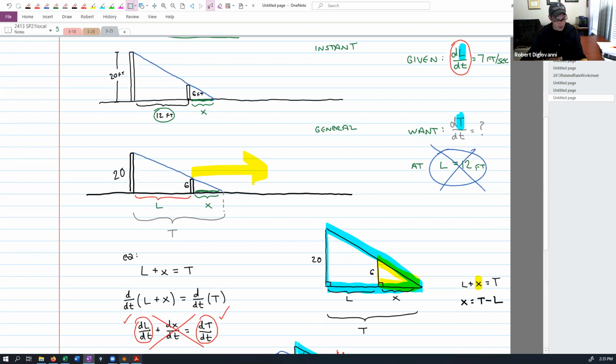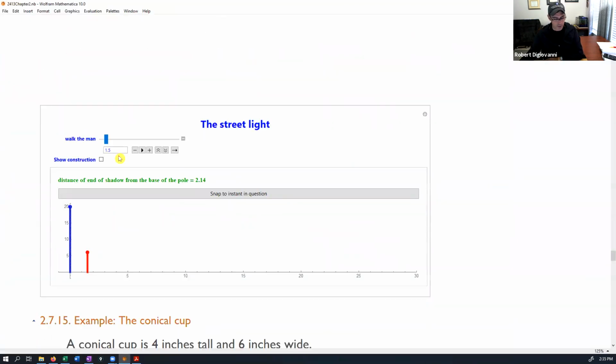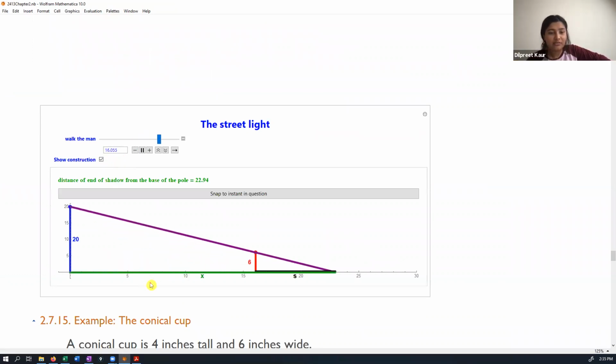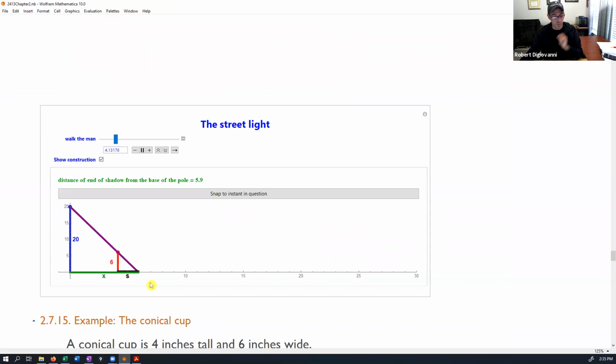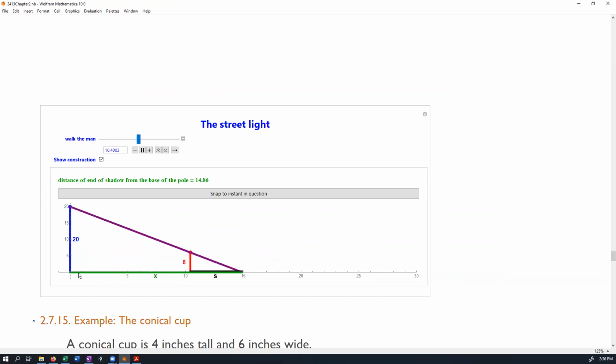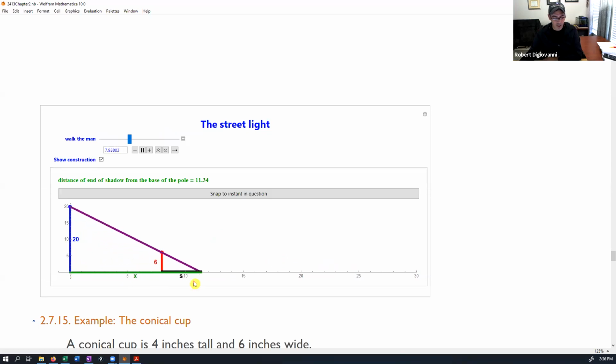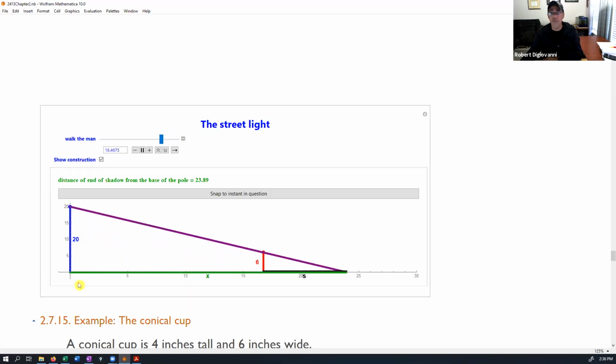So if you were to go back to this picture, I never showed you the picture of the person walking here. So they just only gave us that to confuse us? No, it's part of the information, but it's not relevant to the answer. This person's walking away from the pole at 7 feet per second, and this shadow is moving away from the pole at 10 feet per second.